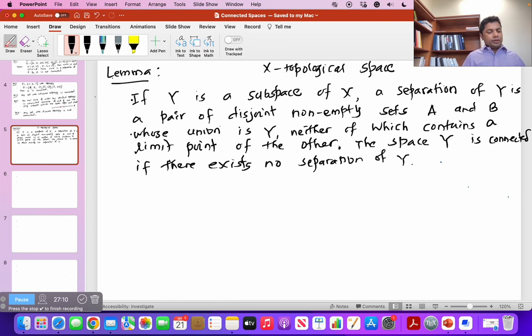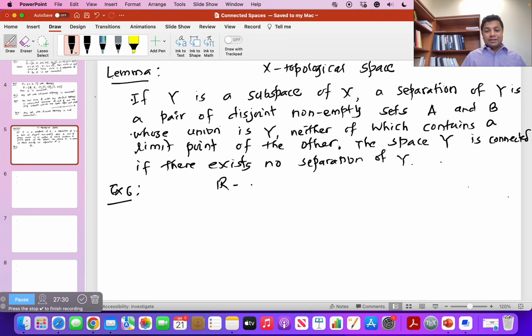Now let me give you an example of subspaces of a given topological space which are not connected. Let's call this example number 6.